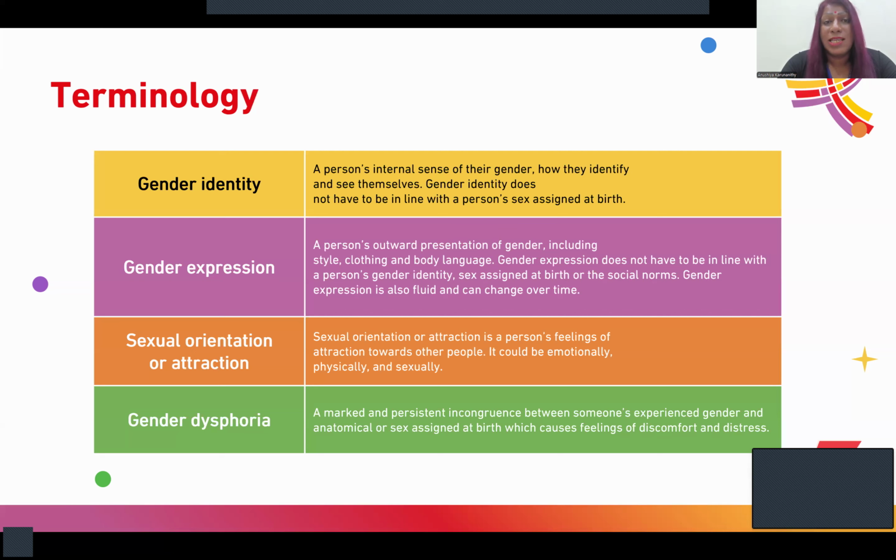It could be emotional, physical, and sexual. Gender dysphoria is a distress some people feel when their gender identity does not align with the physical body. By understanding and using these terms correctly, we can help create a more inclusive environment for people of all gender identities and expressions.